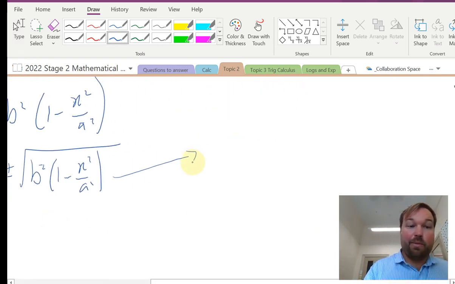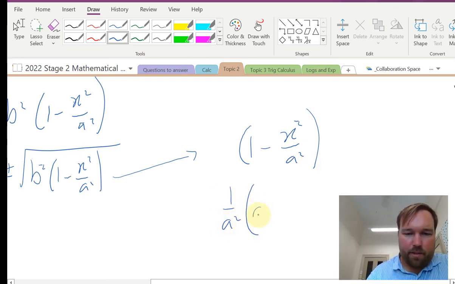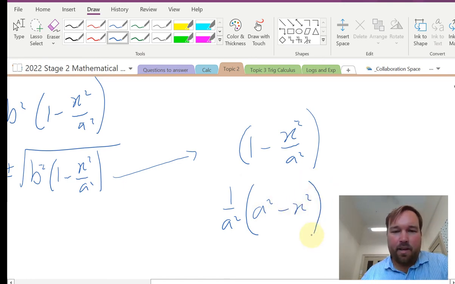All right, so to help us get what we're after, let's think 1 take x squared on a squared. If I take out a factor, and it's going to seem like a funny factor to take out, of 1 on a squared, I'm left with a squared take x squared.